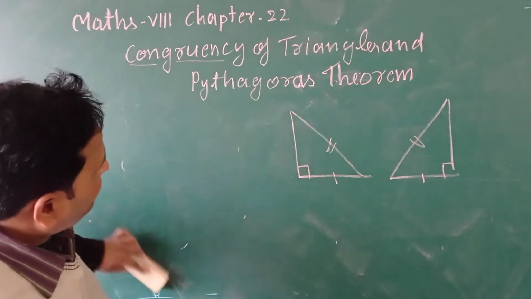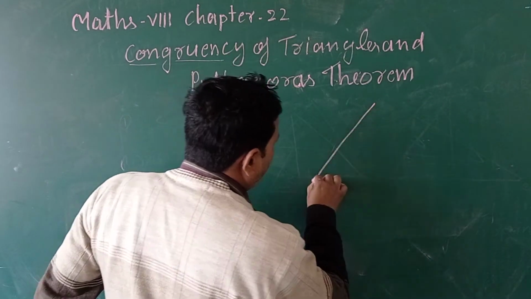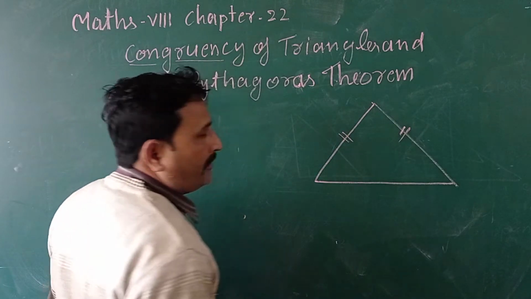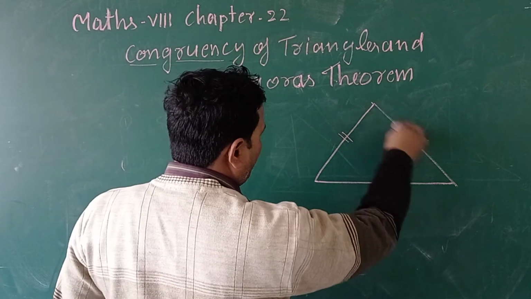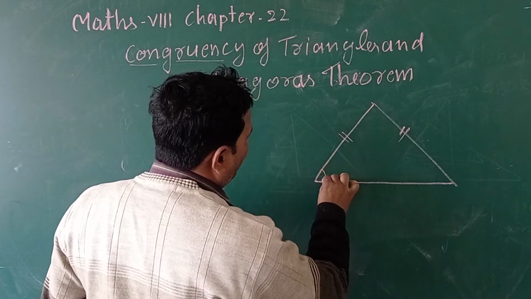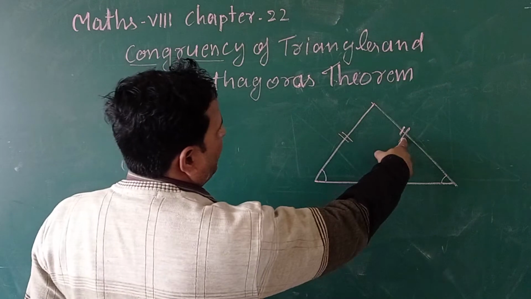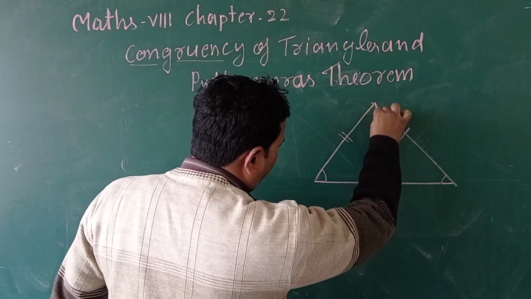See that, in an isosceles triangle, if two sides are equal, prove that the angles will also be equal. Okay, two sides are equal, you have to prove the angles will also be equal. See that? Draw a line.